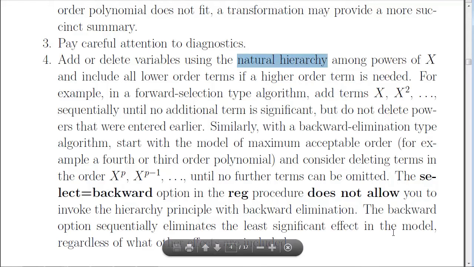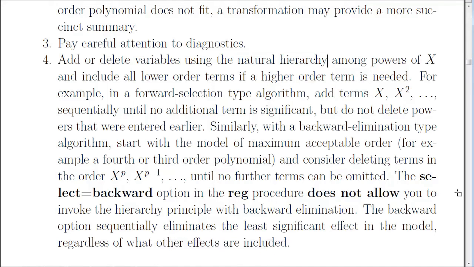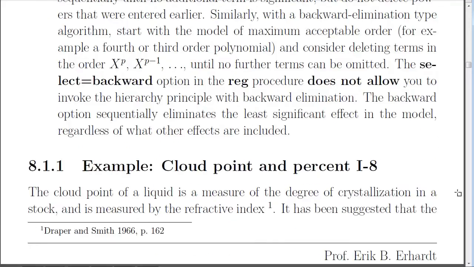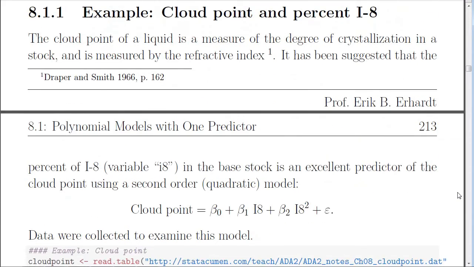So in these cases you may have to perform model selection manually. You fit the model, then you manually type in what the next model is and fit that one, and so on.